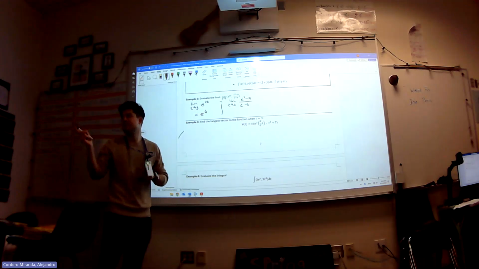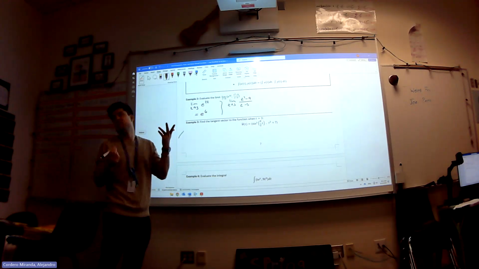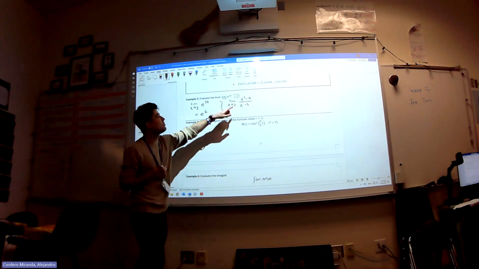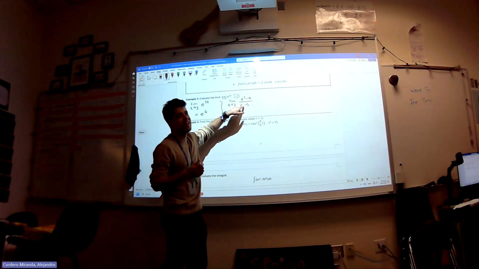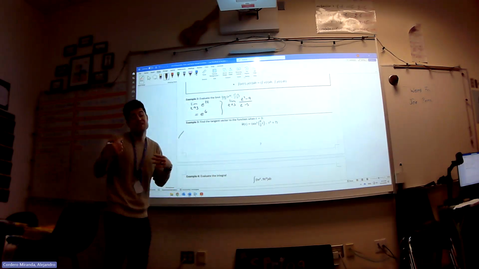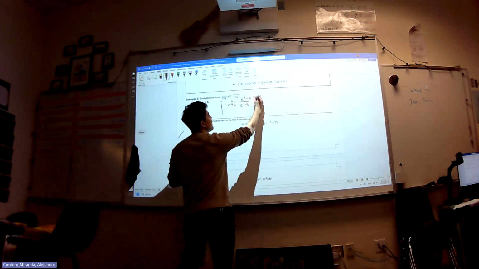Or you might have said L'Hopital's rule. That would have worked well. But sometimes if this was t to the 3rd and this was t squared, you'd have to do L'Hopital's rule 2 or 3 times before you get an answer. Sometimes it's much easier just to factor it like on this. So I think I'll do that.